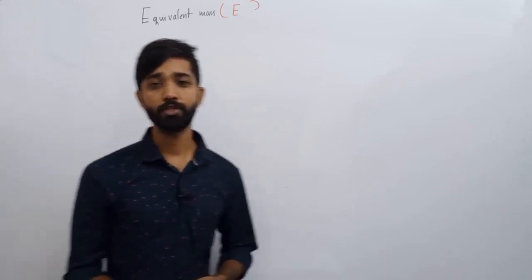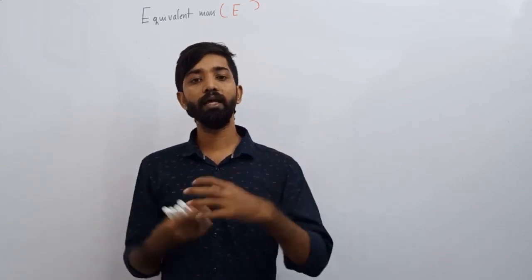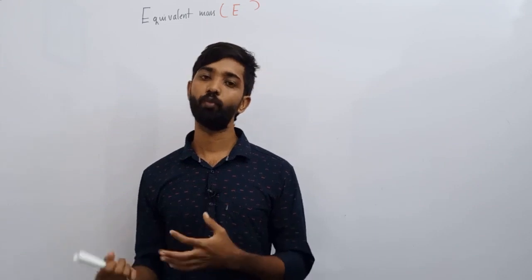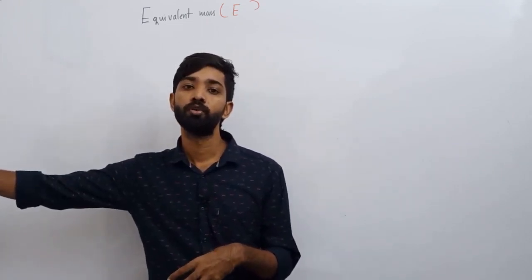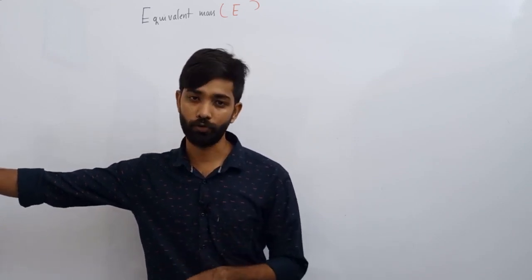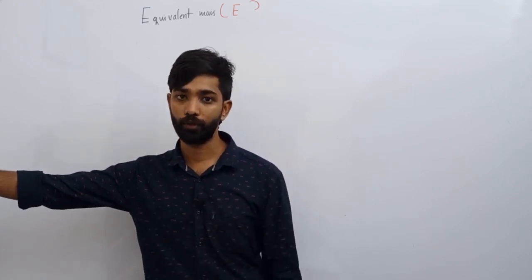What does equivalent mass mean? My equivalent mass is the weight of me or myself that is required to combine with 8 gram of oxygen or 1 gram of hydrogen or 35.5 gram of chlorine.